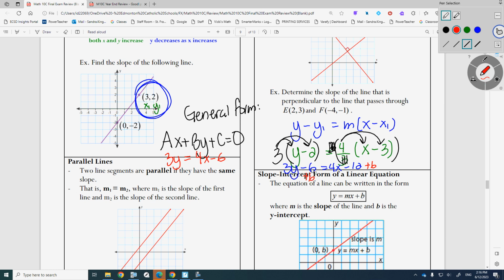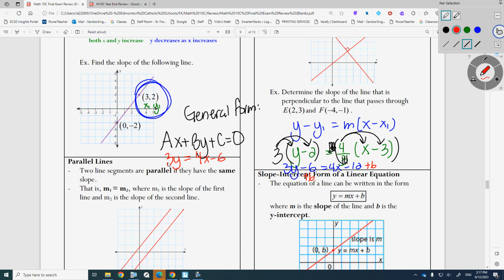I could, from this point, go into y is equal to mx plus b. I could divide by 3, divide by 3, divide by 3, and I'd have that equation that I think Izzy told me. I forget who told me the equation. But I want to go into general form, so I need to decide: do I keep the 3y and everything goes to the left, or do I move the 3y and everything goes to the right?